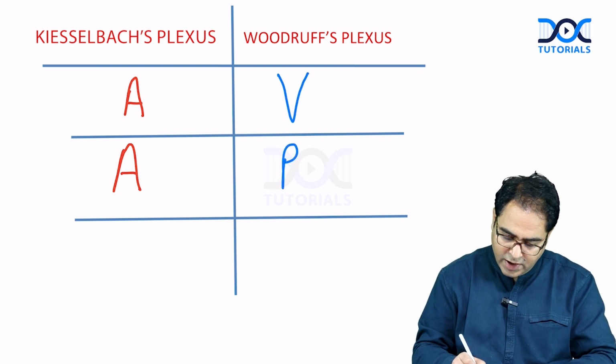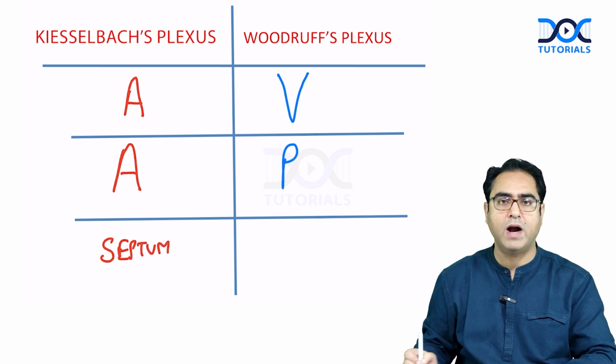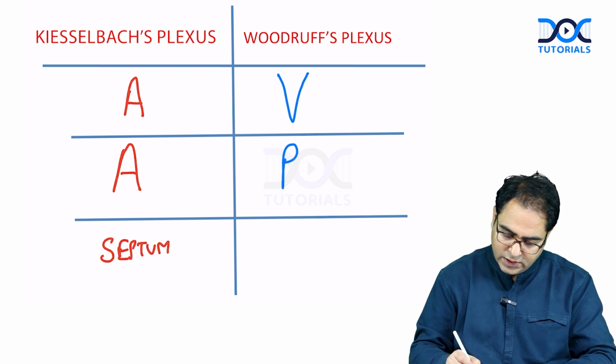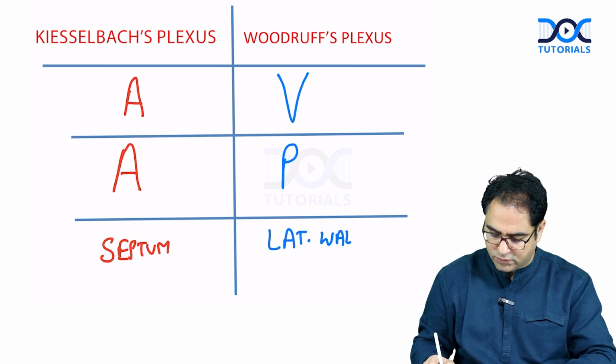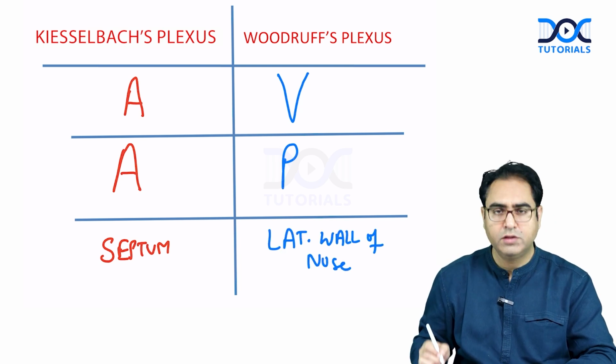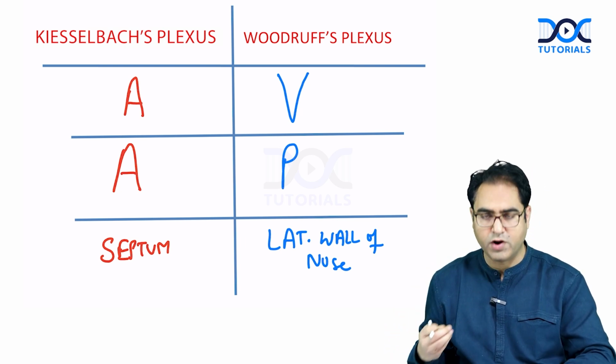Third, Kiesselbach is on the septum, on the antero-inferior part of the septum, and the Woodruff plexus is on the lateral wall of the nose, just above the inferior turbinate.